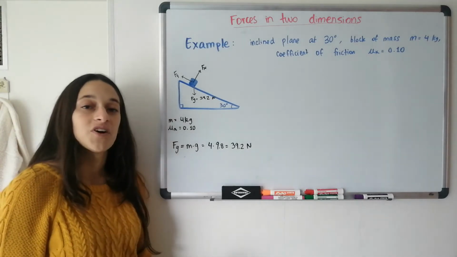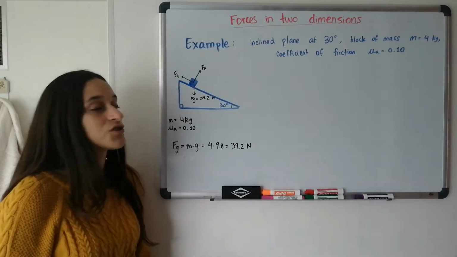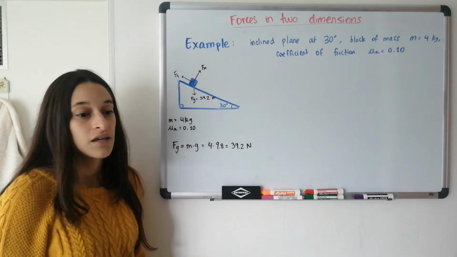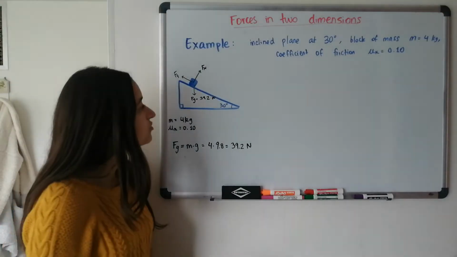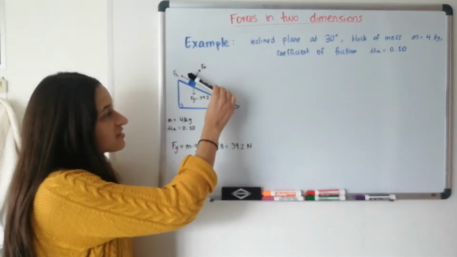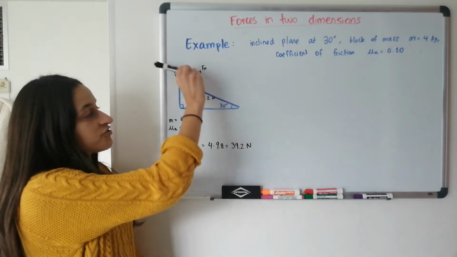But now we need to move on to the following step, which was, if you guys remember, to divide any forces that are not in the same direction as the movement into components. So the movement is going to be up and down the ramp, right? In this case, only down the ramp, but in this direction of motion.